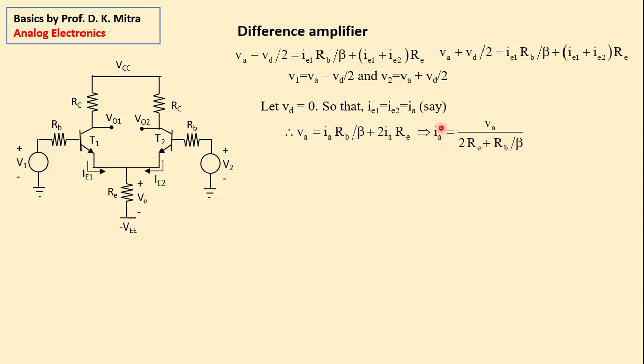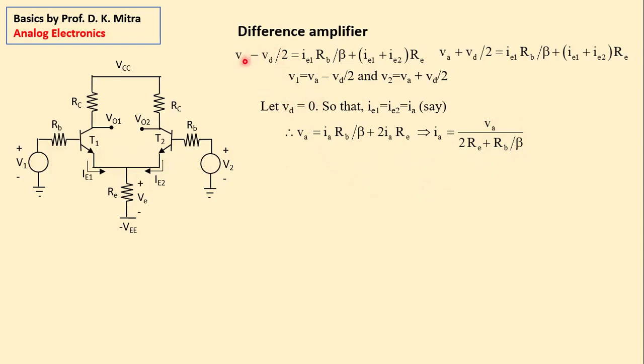So this is IA. Now remember what is IA? IA is the both emitter current when the VD by 2 part of the input is missing. When the VD by 2 part of the input is not there, then IA is the both emitter current and we find its value here.